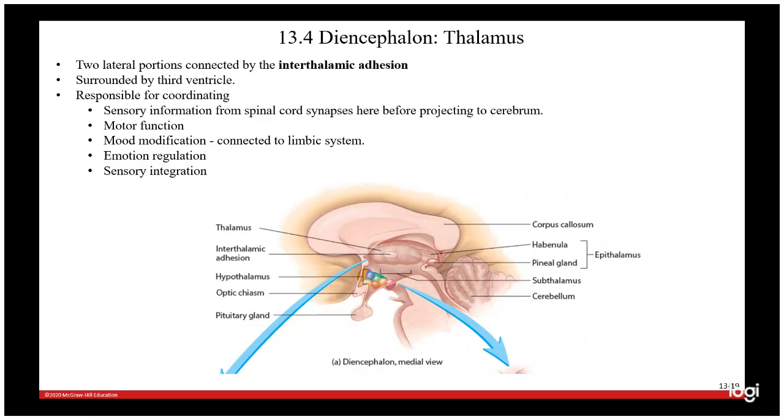It's actually kind of difficult to see without a model, so I would make sure that you know that the thalamus is responsible for coordinating sensory information and motor function. It is connected to the limbic system, which we will talk about here in a moment, but it plays a large role in mood modification, emotional regulation, and sensory integration. We're going to talk about the limbic system in a minute. Emotions and moods definitely tie into that.